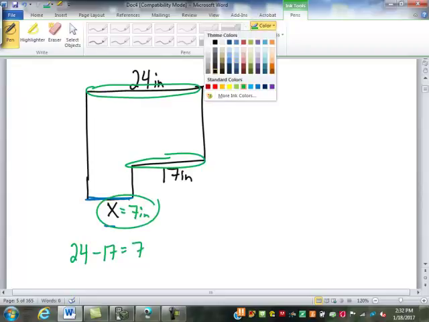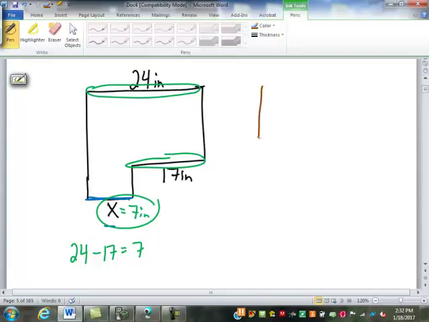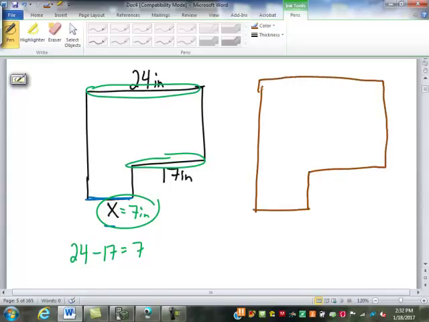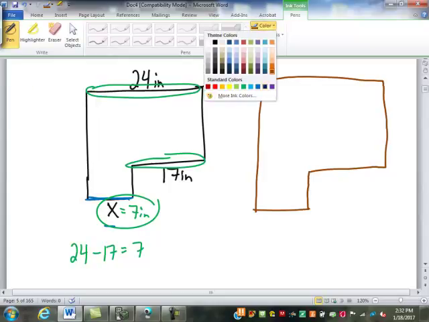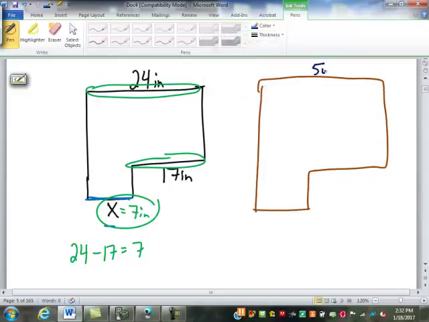So now let's look at a similar picture. And we can use more than one variable. We might have 5y here and 3x, and I want to find the dimension z. How do I define that dimension z?